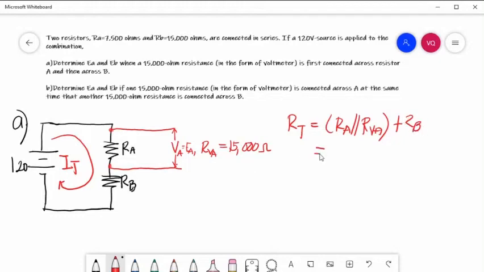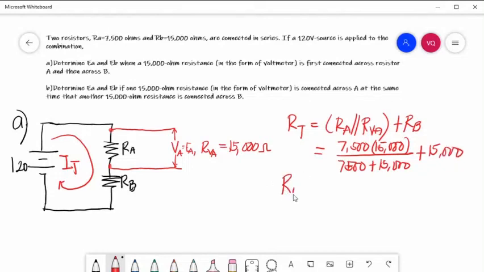So it is equal to RA is 7,500 multiplied by RVA, which is 15,000, divided by 7,500 plus 15,000, plus the value of RB is 15,000.